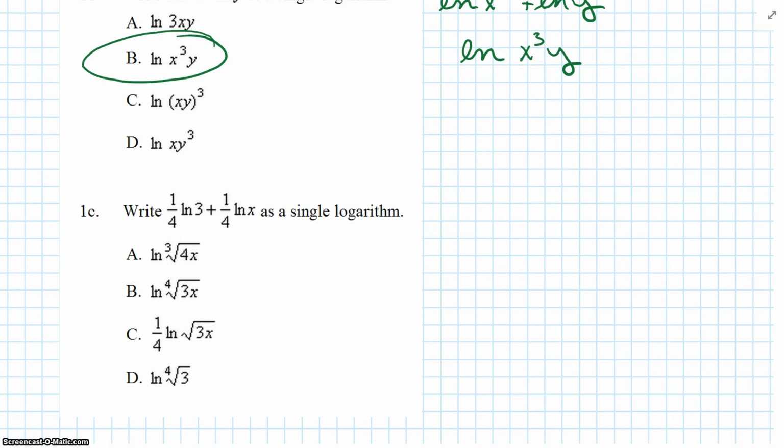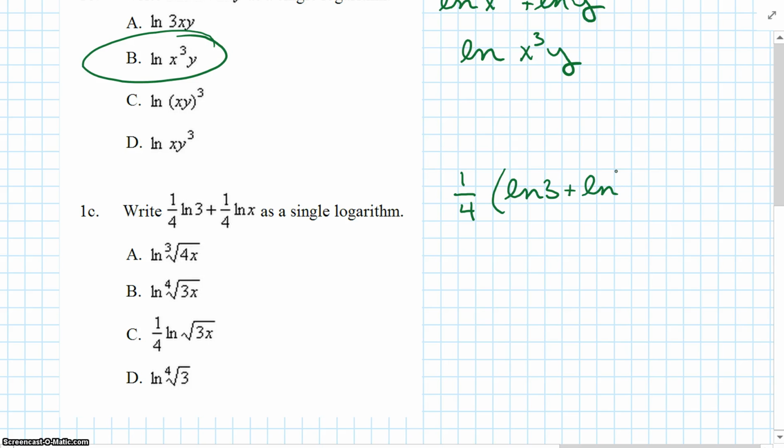Okay. Write 1/4 the natural log of 3 plus 1/4 the natural log of x as a single logarithm. Well, we can pull 1/4 out and say the natural log of 3 plus the natural log of x.